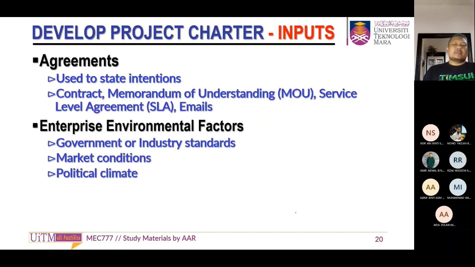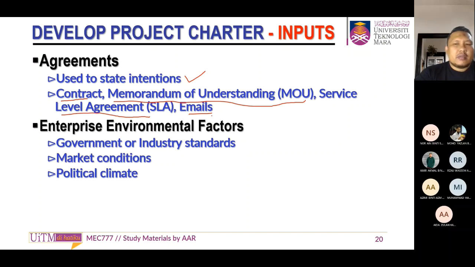Okay, agreements. We can look into the agreements that we have: statements of intention, and then the contract, memorandum of understanding MOU, service level agreement SLA, email.